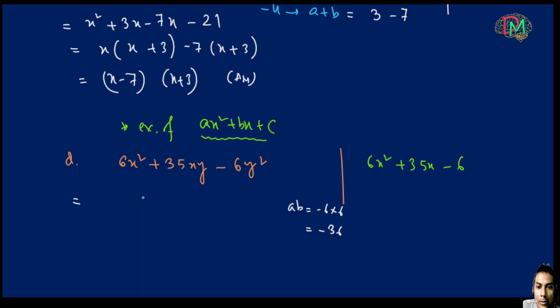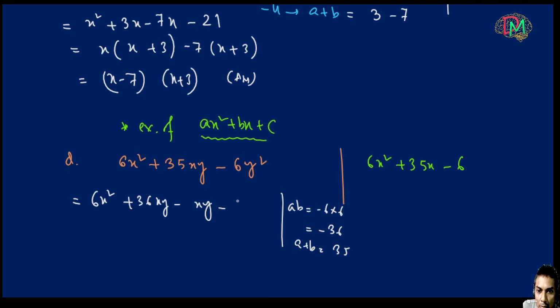If it is minus 36, then we can simply split this as plus 36xy minus 1xy. Look at this: 36 and minus 1 is 35, and if you multiply both we get this ab also. Clear? Done. And here a plus b is also 35.